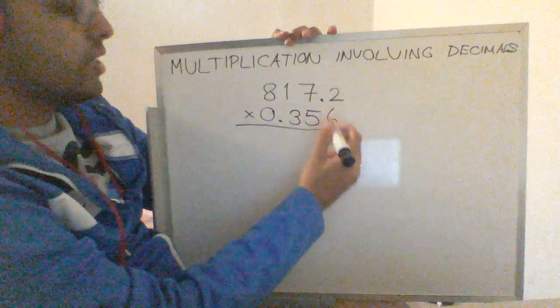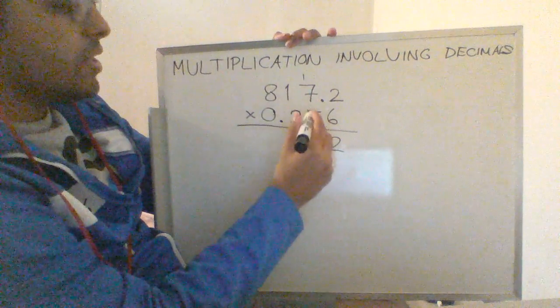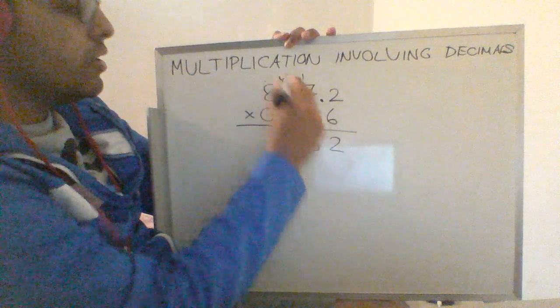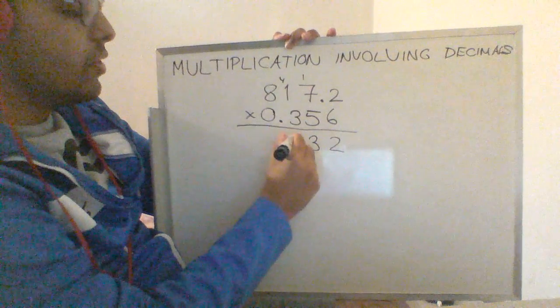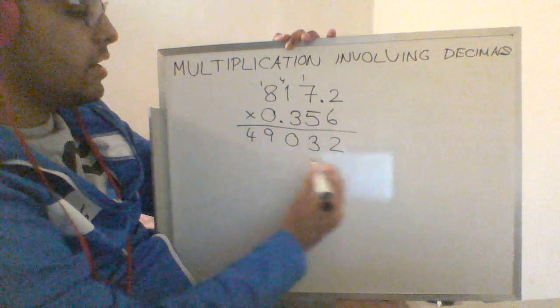We'll start with the 6, and we get 6 times 2 is 12, 6 times 7 is 42, plus 1 is 43, 6 times 1 is 6, plus 4 is 10, 6 times 8 is 48, plus 1 is 49.